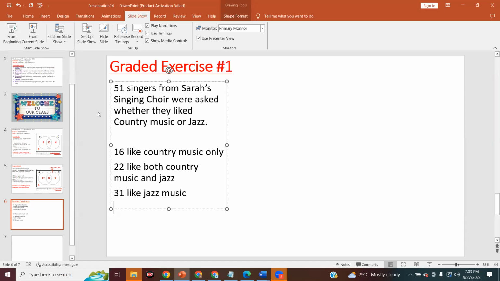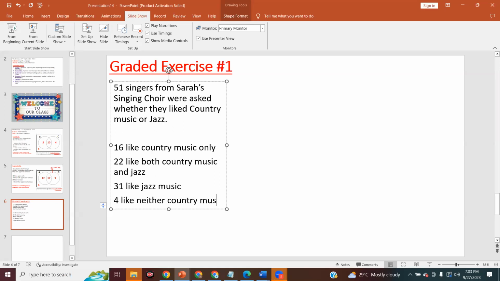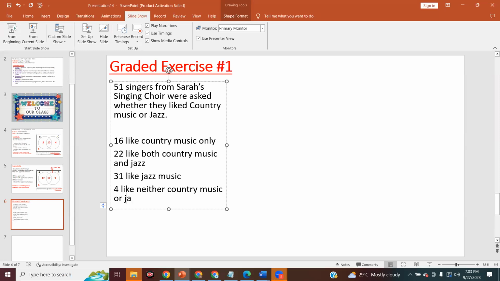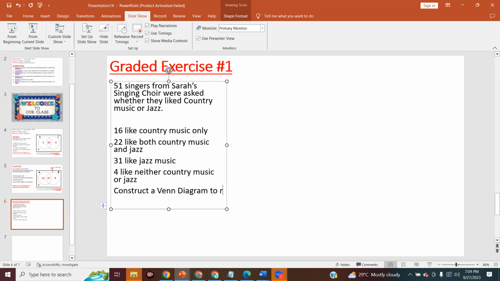And some liked neither country music nor jazz. Construct a Venn diagram to represent this information.